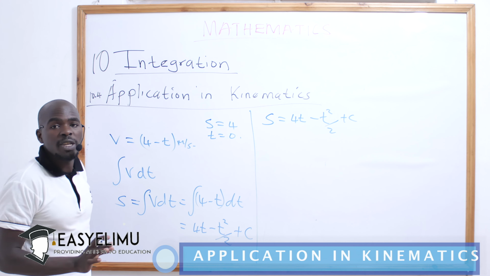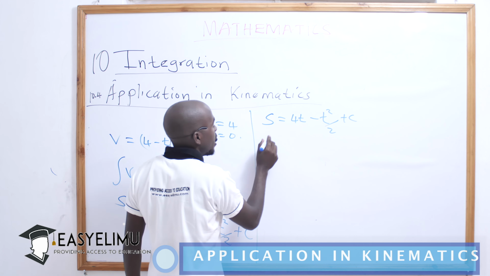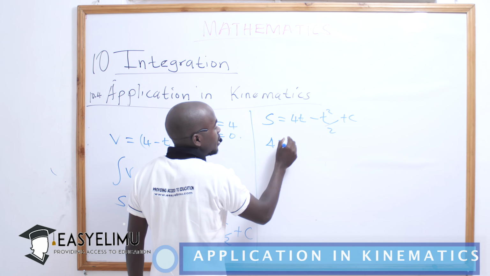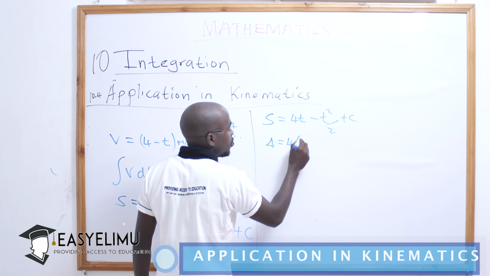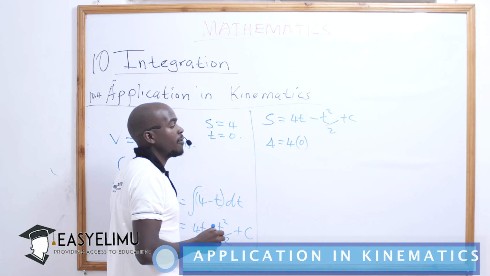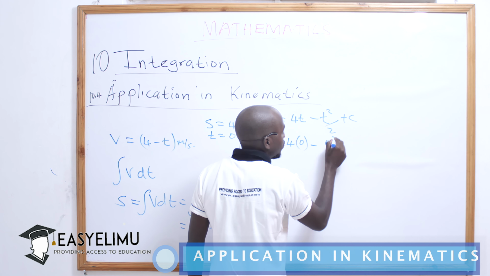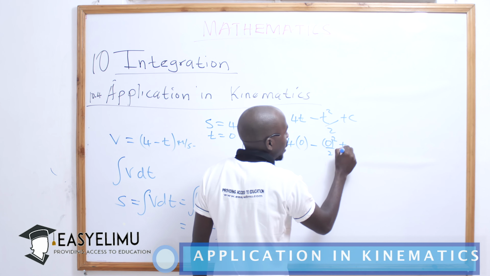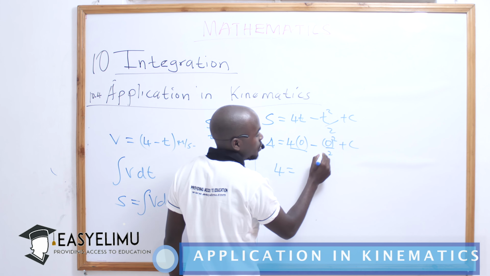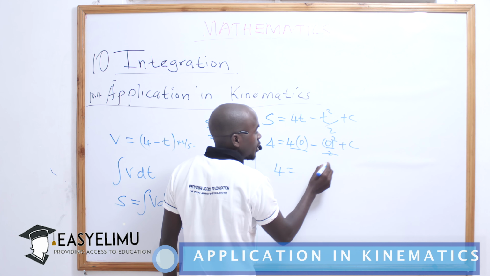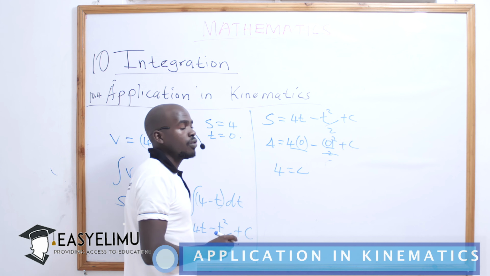In that displacement equation, we have been provided with s as 4 and t as 0. So anywhere we have t, we replace it with 0, and here also 0 squared over 2 plus c. This one is 0, this one is 0. So the value of c is equal to 4.